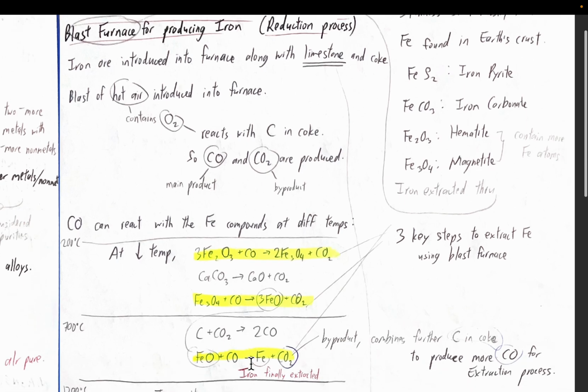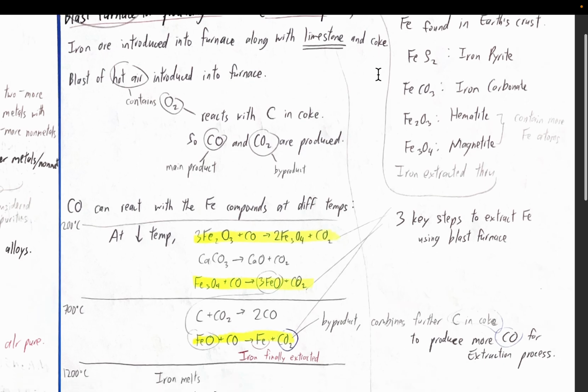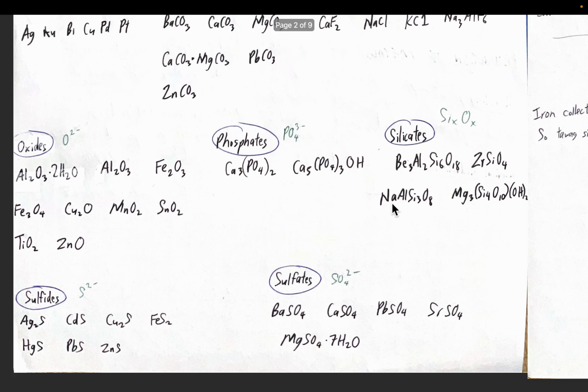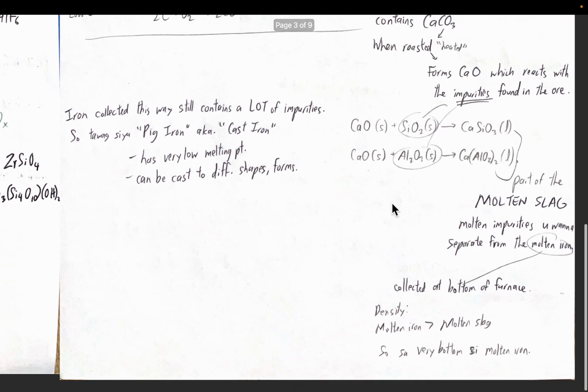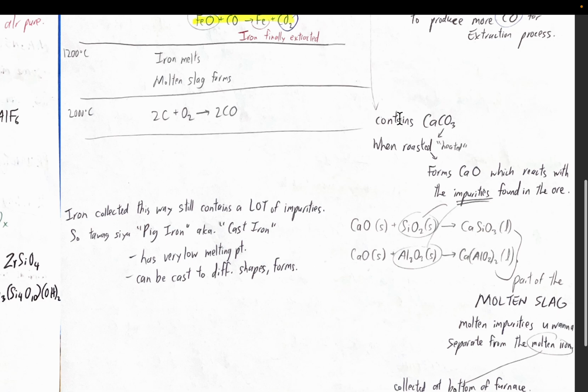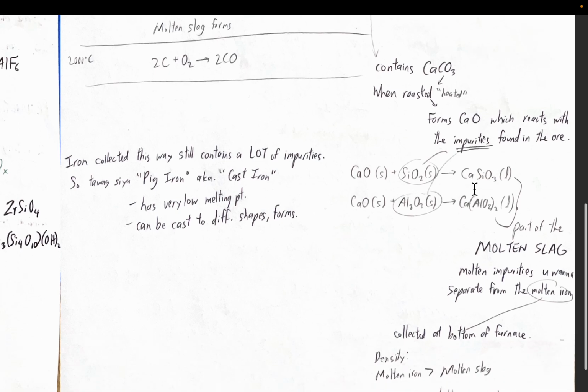So where did these impurities come from? While you introduce the iron ore with the limestone and coke in the furnace, the limestone basically contains CaCO3, and when you roast it, it forms CaO, and this reacts with the impurities found in the ore.